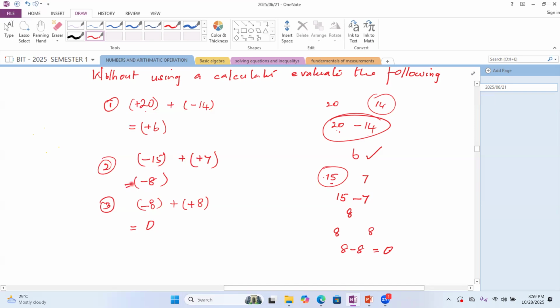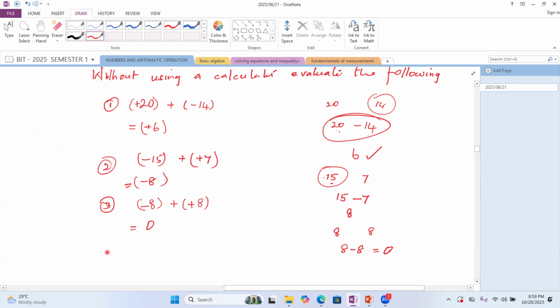So we can add opposite signs, or any sign numbers, without using a calculator or number line. We can find the value. Here, these are opposite sign numbers.